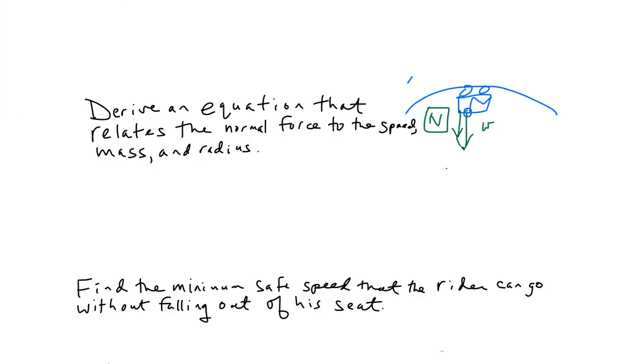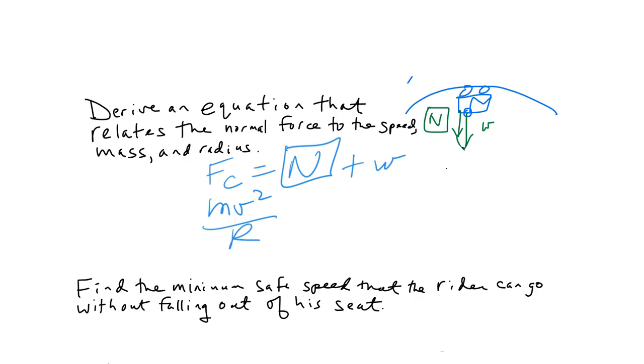Okay, so I just did this. Driving equation that relates the normal force to the speed, mass, and radius. N plus weight is the centripetal force. Centripetal force is mv squared over r, regardless of the condition, whatever situation that's true.